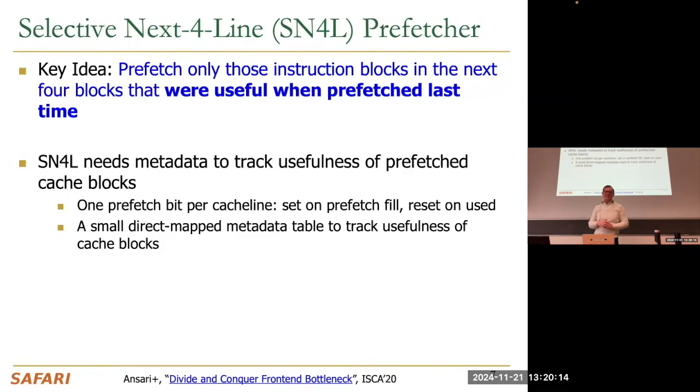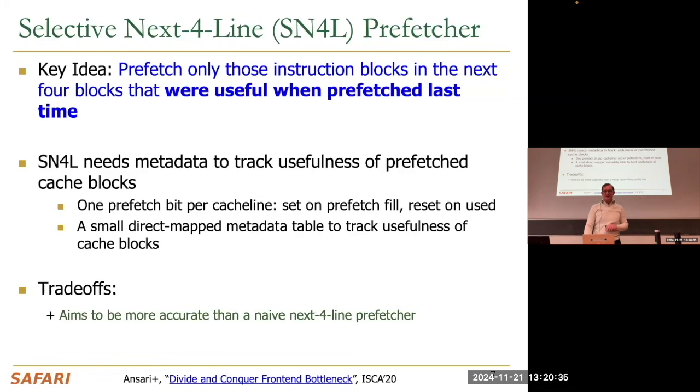So basically, you add some metadata into the cache or the prefetch buffer, and you keep track of which cache blocks that you prefetched were useful, using one prefetch bit per cache line. And whenever you go through those instructions again, you decide which ones to prefetch and which ones not to prefetch based on past usefulness. So it's somewhat similar to throttling that we have used, but it's a little bit different in nature also.